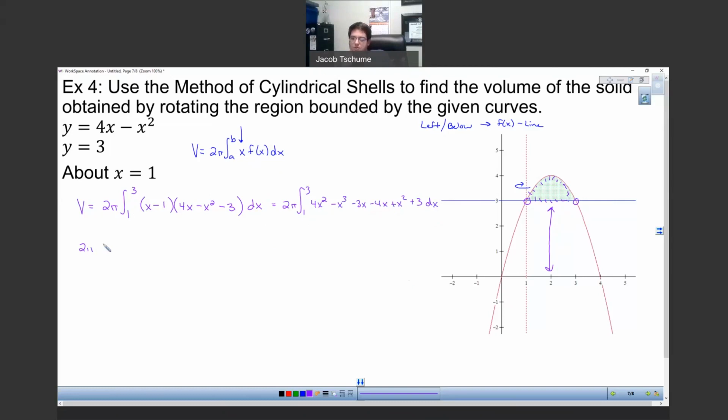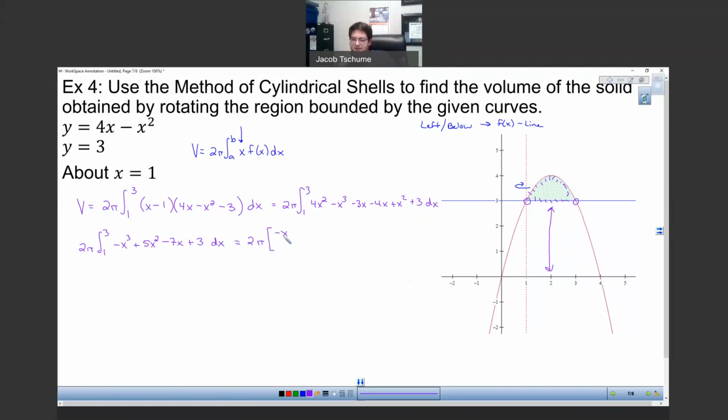Putting your like terms together, let's see, there is a negative x cubed. You'll have a 5x squared. You'll have a negative 7x and a plus 3. Go through and integrate all those terms.